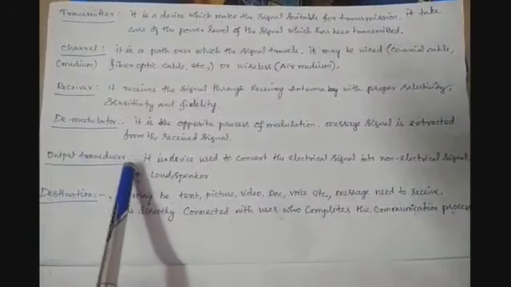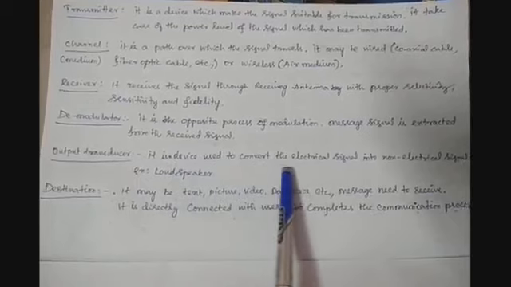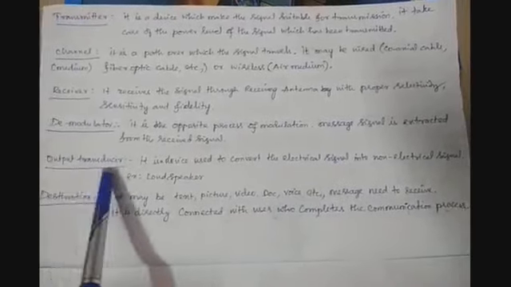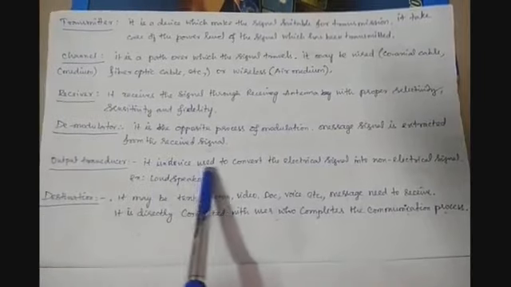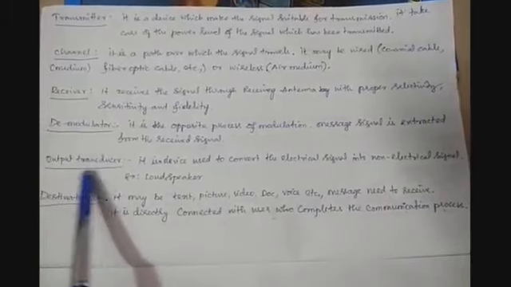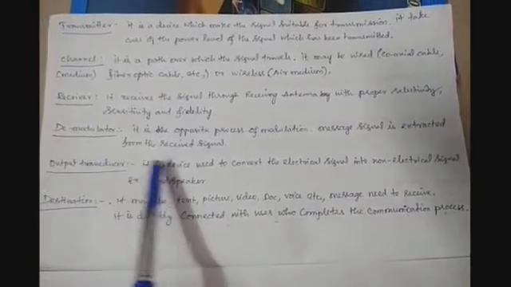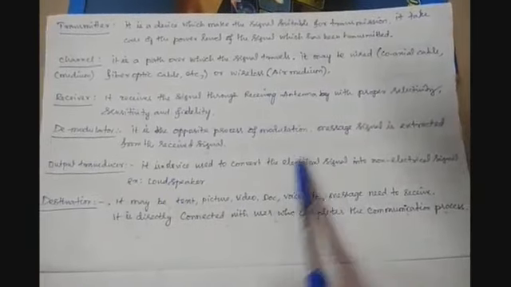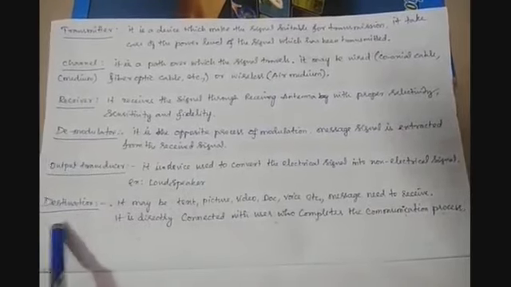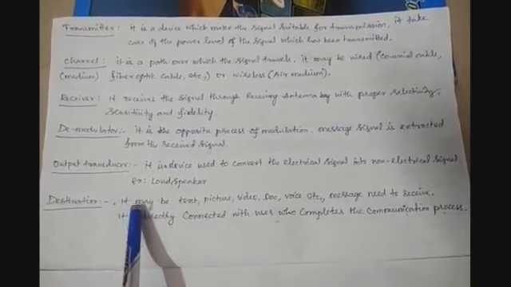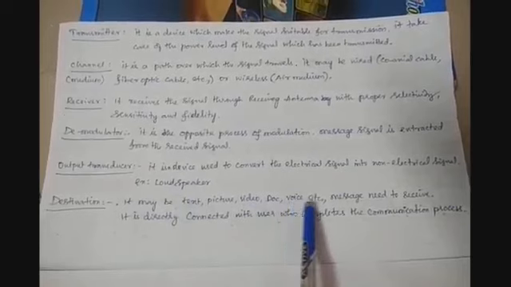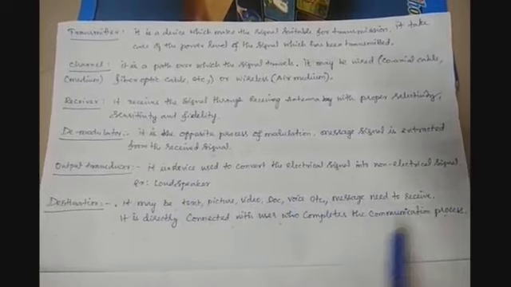Next, output transducer. It is a device used to convert the electrical signal into a non-electrical signal. See, initially on the input side, the transducer converts the non-electrical into electrical. Now on the output side, this output transducer converts the electrical into non-electrical. Example, loudspeaker. Destination may be text, picture, video, document, voice, etc. The message needs to be received.